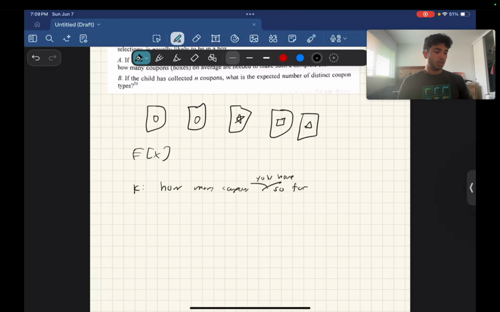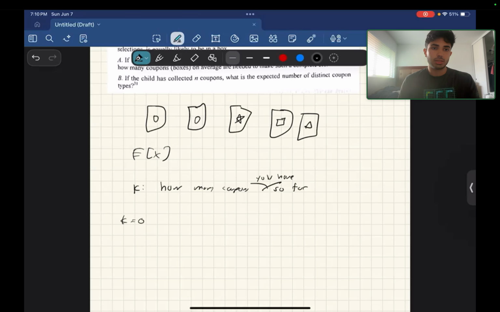We're going to solve the expected number of boxes you must open to find the next coupon, given you have K already. And we're going to do that across all K. So if K equals 0, we have 0 coupons so far.